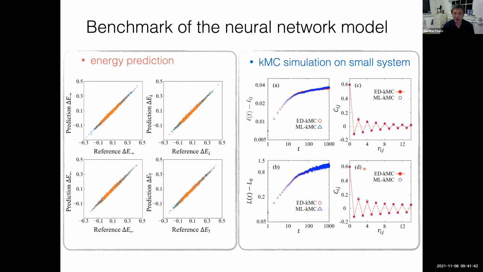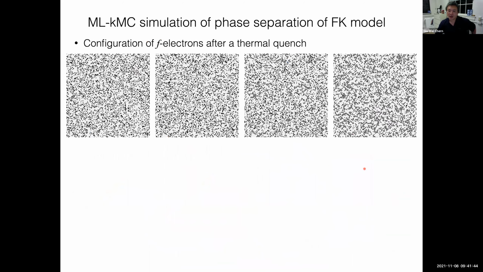Then we applied the benchmarked neural network model to perform large-scale simulations. So basically, we want to do a thermal quench simulation. Initially, these dots are the positions of the F electrons, in a completely random configuration, and then we suddenly quench the temperature to a very low temperature.